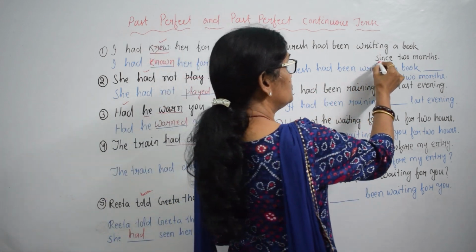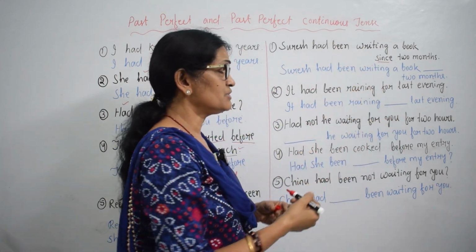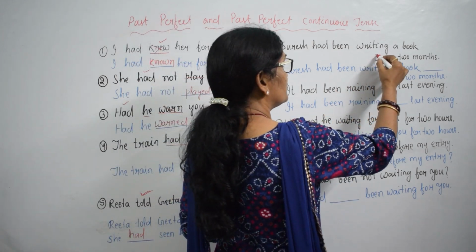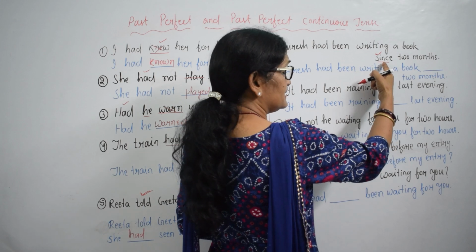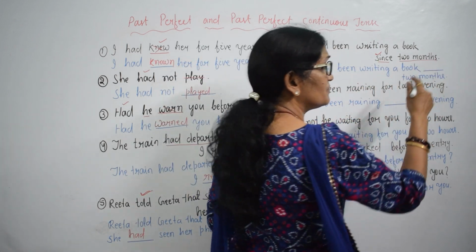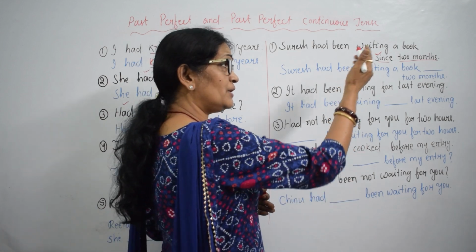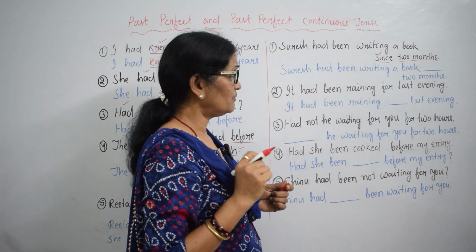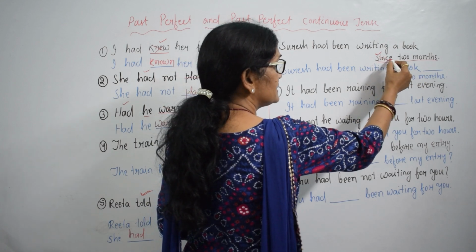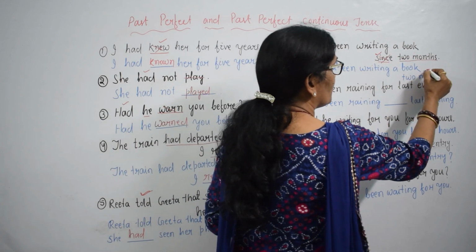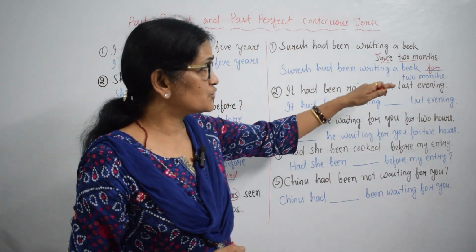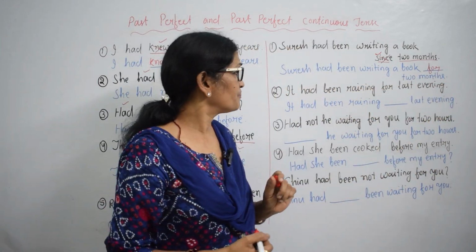The time references we use for past perfect continuous are since, for, before, etc. Since is used for a point of time, but 2 months is a period of time. For a period of time we use for. So, Suresh had been writing a book for 2 months, because 2 months is a period of time.